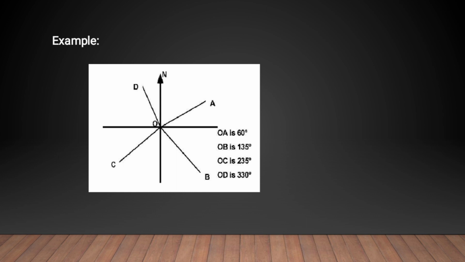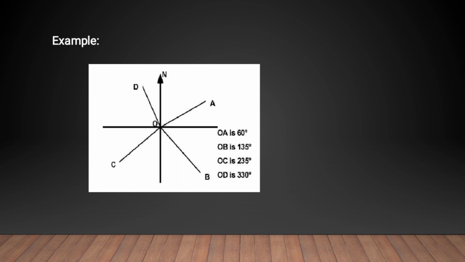Azimuth is an angle between 0 degrees and 360 degrees measured clockwise from north. The illustration has line OA, OB, side OC, and side OD, and it was measured from the north coordinate in a clockwise direction. The line's side OA is measured 60 degrees.